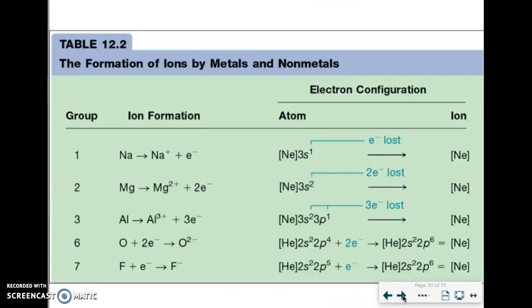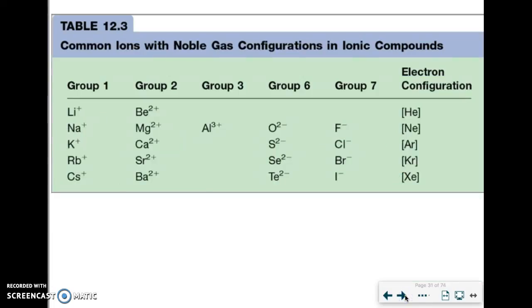This is a table, and this is in your book. This just talks more about the formation of the ions, which is what we were talking about here. But this is a great table, and you should really, in class, I had students put this down on their periodic table. The first group with lithium, sodium, potassium, rubidium, and cesium, they all make a +1 ion. Group 2 all makes a +2 ion.